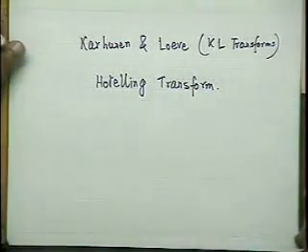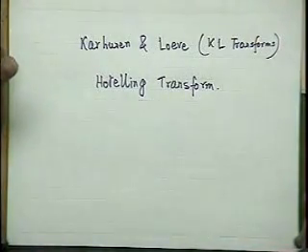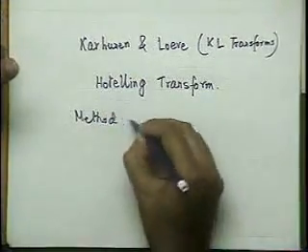and that is why this transformation is also described in some literature as the Hotelling transform. And because it is extracting the eigenvectors, or rather the principal components, it is also known as the method of principal components.